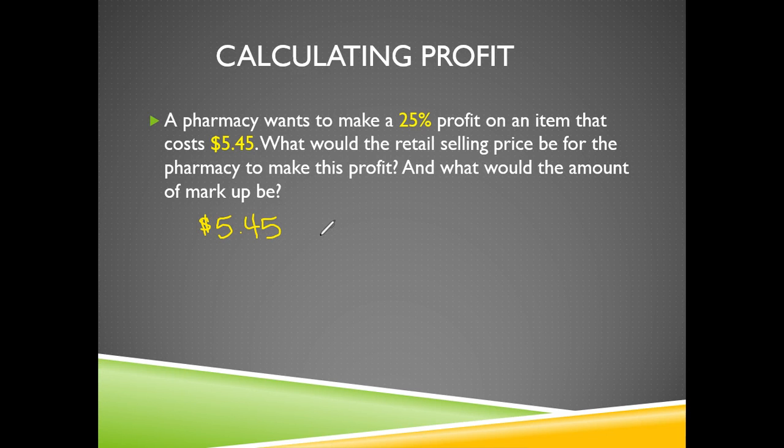My AWP is $5.45. In order to apply my profit, I'm going to multiply it by the percentage as a number. When I want to change the percentage into a number, I divide by 100. So I have 5.45 times 25, divided by 100, and I get $1.36. This is actually considered the amount of markup.